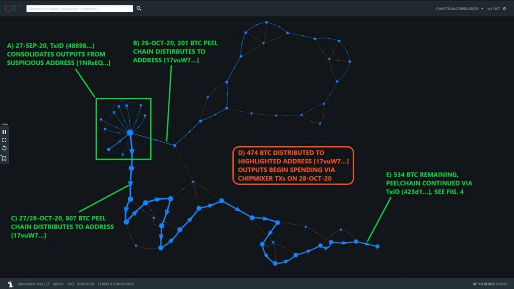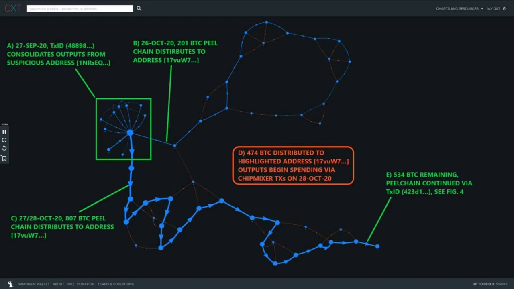What we're seeing here is what we would describe as basically a standard peel chain. Peel chain has gotten a bit of a connotation thanks to Chainalysis. They implicate it as basically a money laundering technique, a financial structuring technique designed to circumvent exchange compliance software.